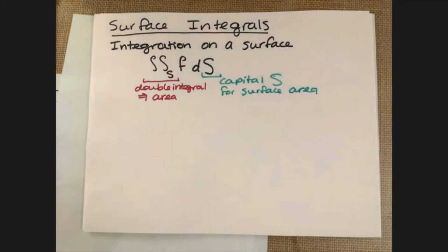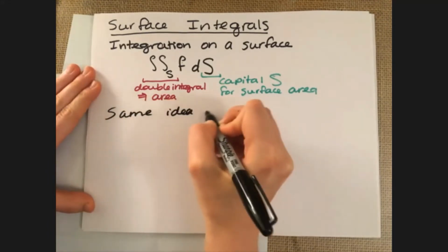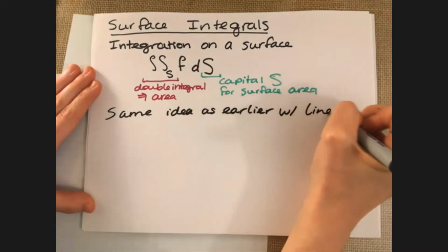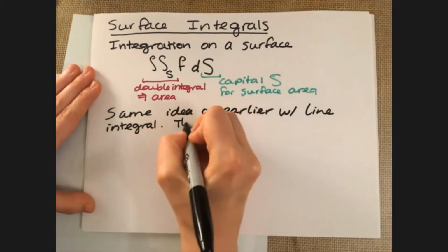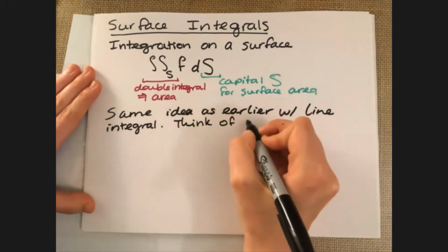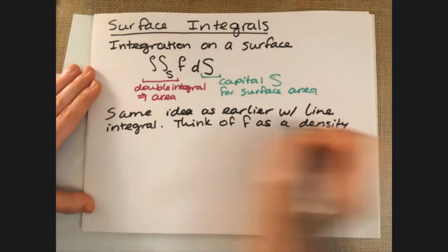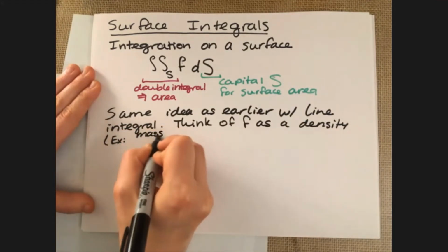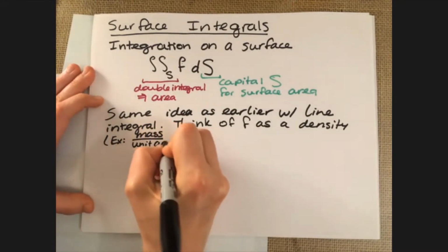Okay, so like I said, this is kind of the same idea as earlier that we had with the line integral. And we think of f as a density. So maybe, for example, you can think about it as mass. Instead of per unit length, now we're going per unit area.